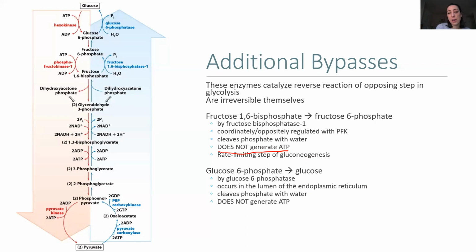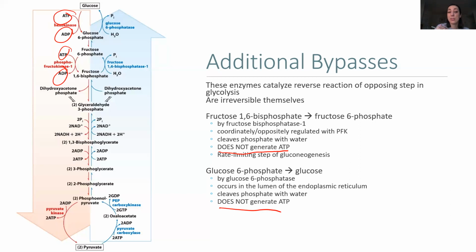Similarly, glucose 6 phosphate to glucose, that last step in gluconeogenesis or the first step in glycolysis, in reverse also does not generate ATP. So even though the reverse uses an ATP to make an ADP in glycolysis, going this way through gluconeogenesis doesn't do the opposite.